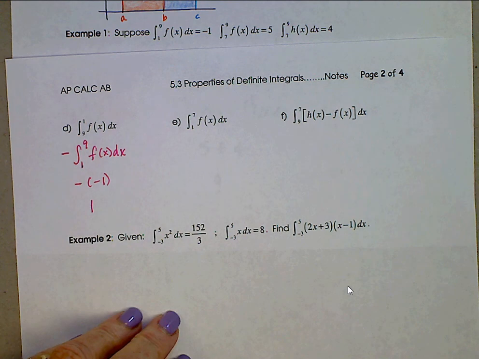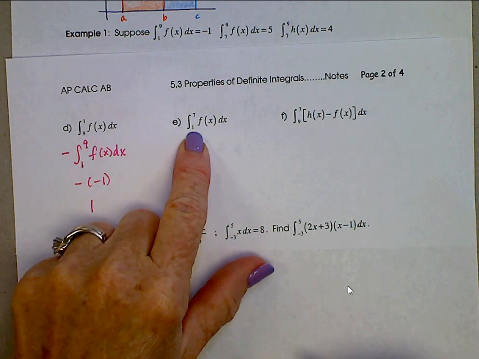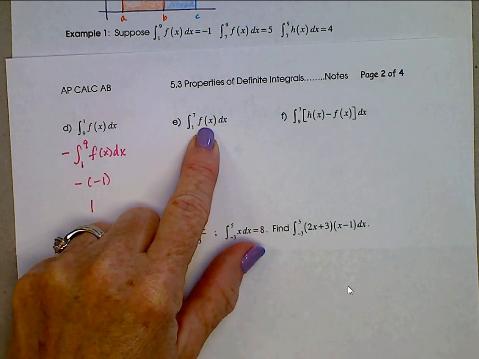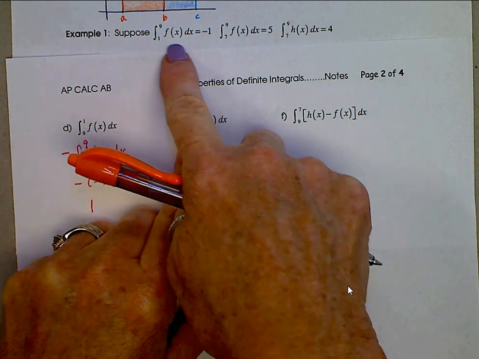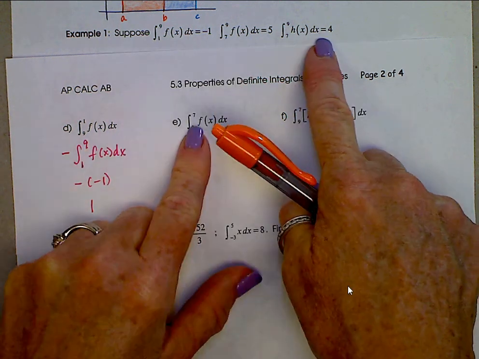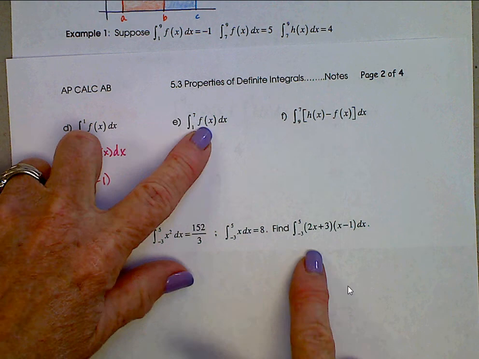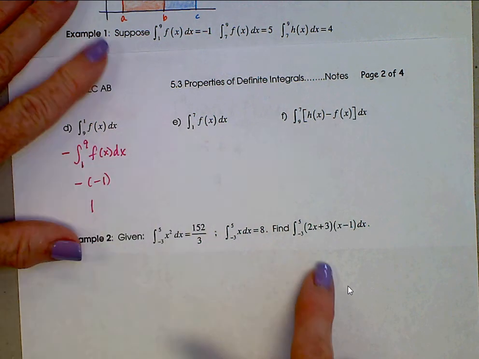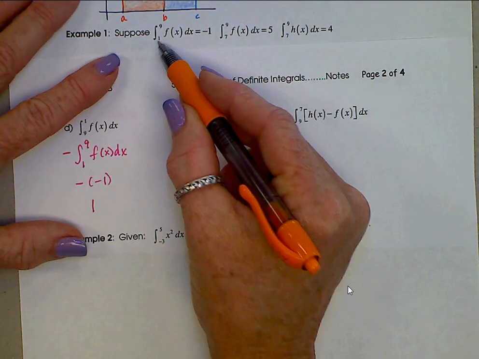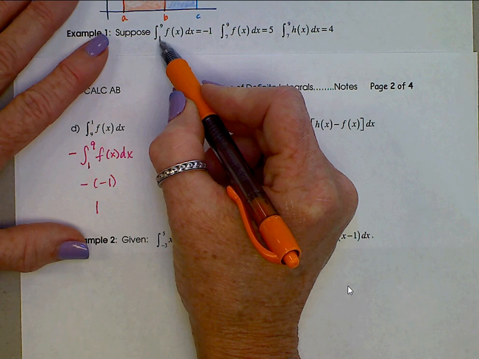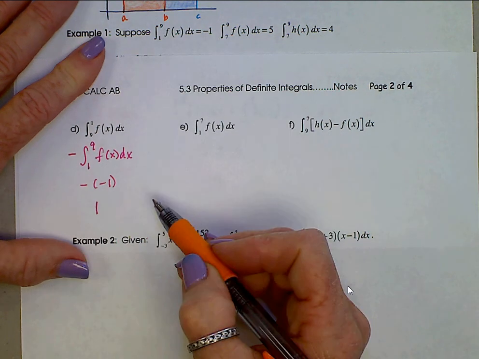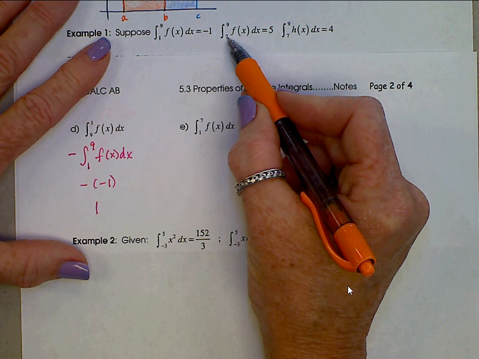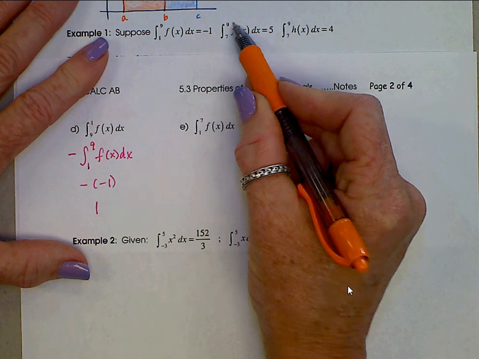Looking at this next one, the integral from 1 to 7 of f of x dx, and we look at this given information, we do not have a value for the integral from 1 to 7 of f of x dx. But what we could do is find the area underneath f of x from 1 to 9, and then subtract off the piece from 7 to 9.